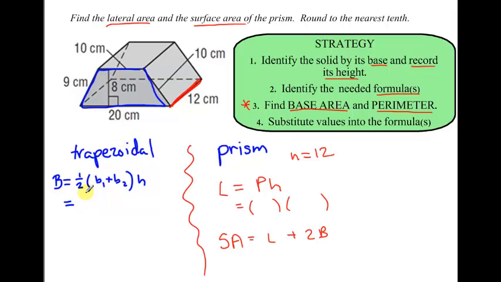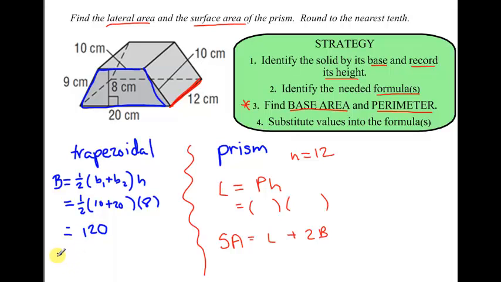What are the bases of our trapezoid? As I'm looking, I see one at the bottom is 20, one at the top is 10, so 10 and 20 in there. And then the height of our trapezoid is the distance between those two, which is the 8 centimeters. So making those substitutions, and then as we multiply this, is 120. And that's our base area.